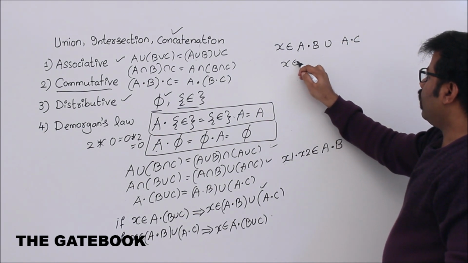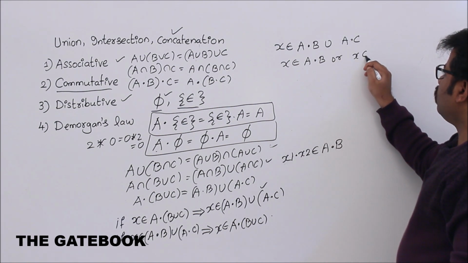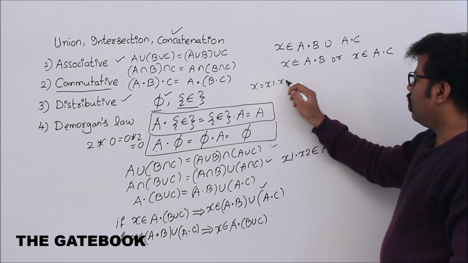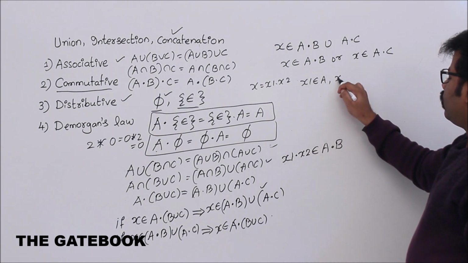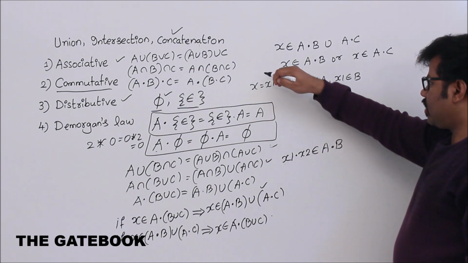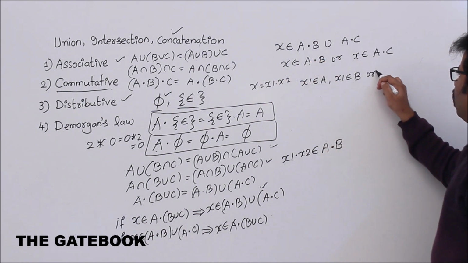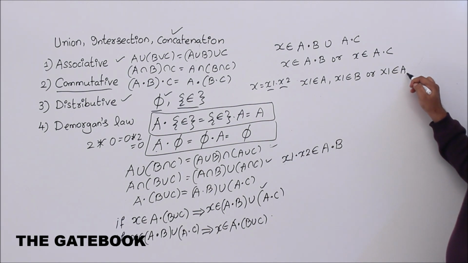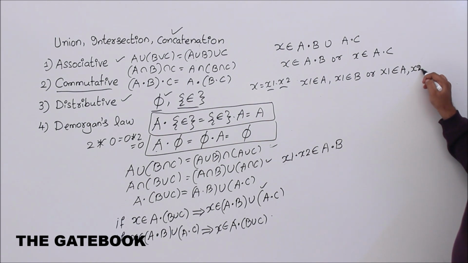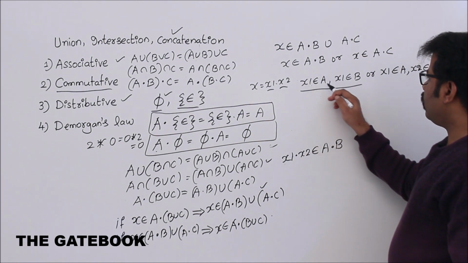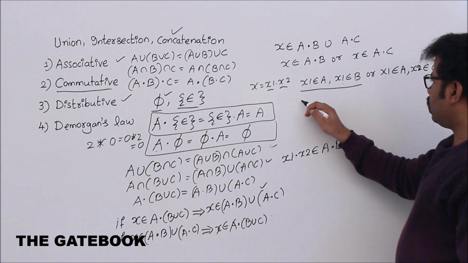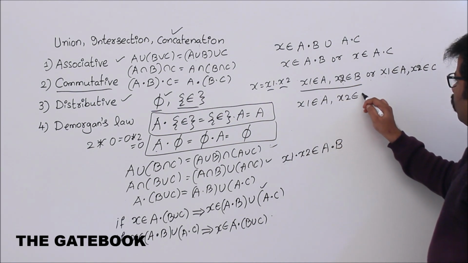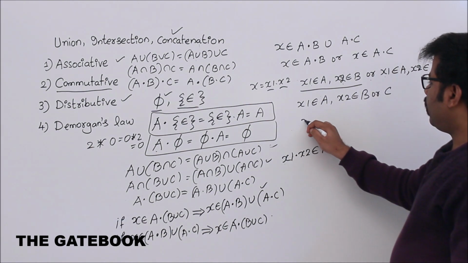For that, x belongs to A dot B or x belongs to A dot C. If x belongs to A dot B, then x is in the form of x1, x2, where x1 belongs to A and x2 belongs to B. So then x, which is x1 dot x2, belongs to A dot B. Or if x belongs to A dot C, definitely there should be two strings x1, x2 such that x1 belongs to A and x2 belongs to C. Now you see, if x1 belongs to A, x2 belongs to B, or x1 belongs to A, x2 belongs to C, I can say that x1 belongs to A is compulsory, and x2 belongs to B or C, correct? Yeah. So that means x1 belongs to A.